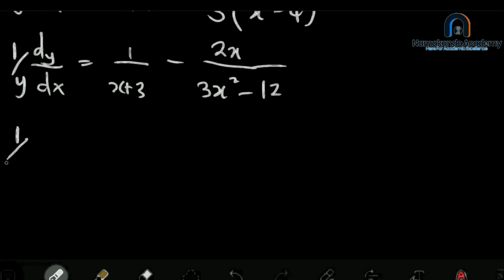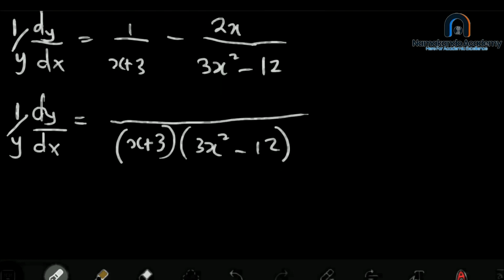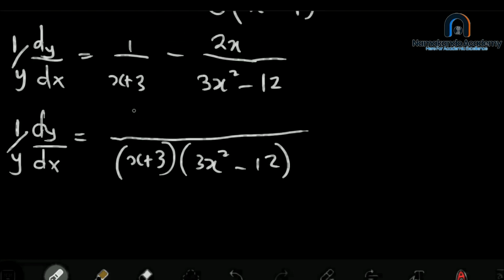So we maintain our left hand side, equal to, here we find our common denominator for the right hand side, which should be x plus 3 times 3x squared minus 12. So x plus 3 when it divides into our common denominator leaves 3x squared minus 12 to multiply with 1.